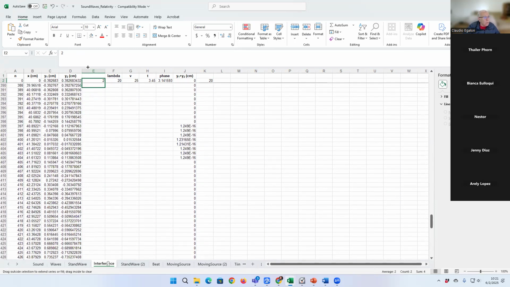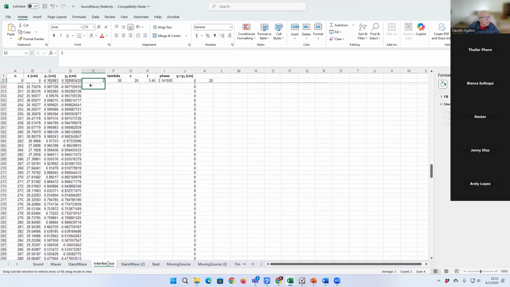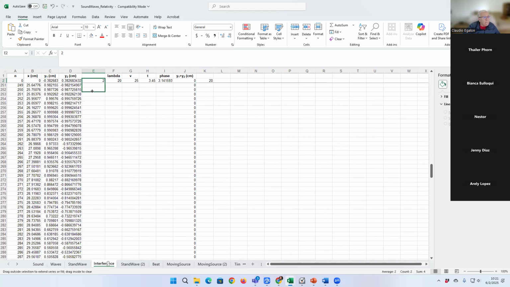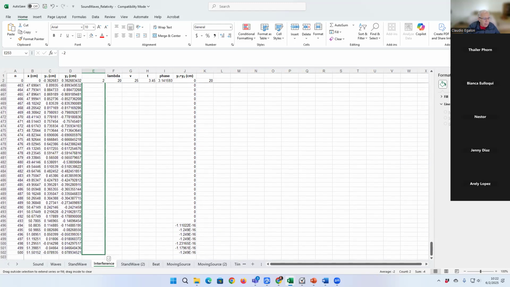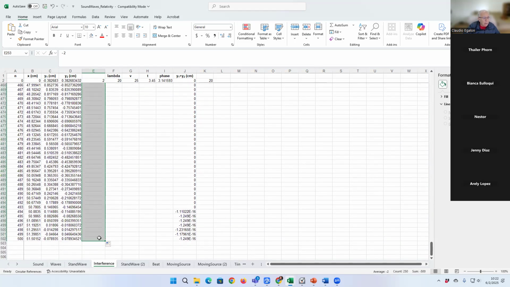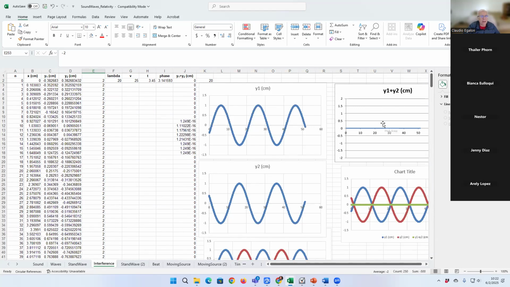From 0 to 250, I'm going to plot the value of 2. From 251 to 500, I'm going to plot the value of minus 2. Why am I doing that? Just to freeze the scale of my waves here. And now let's start all over again.